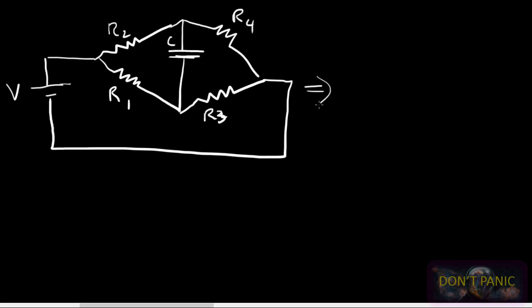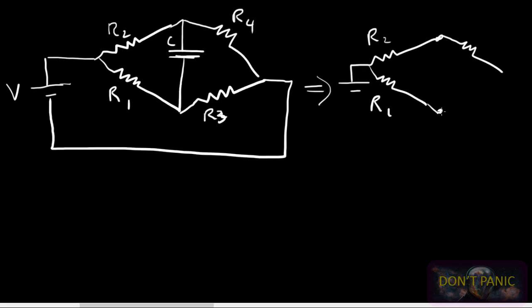So if there's no current going through the capacitor, then it's like this branch is not even here. Essentially the circuit becomes this circuit, and the capacitor is gone. So this is R4, R3.